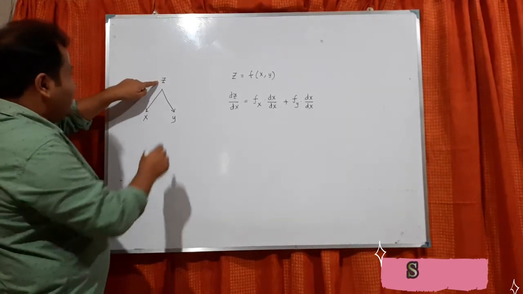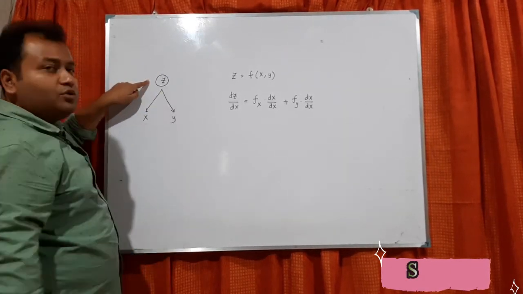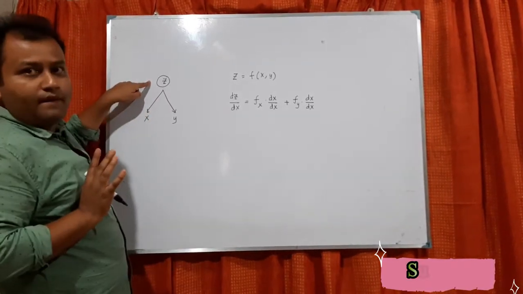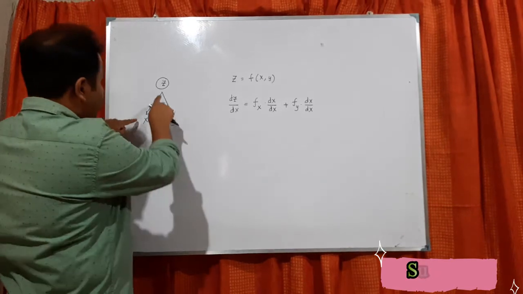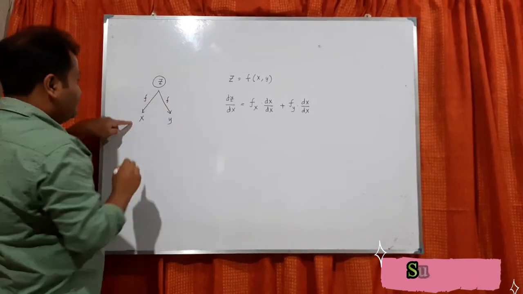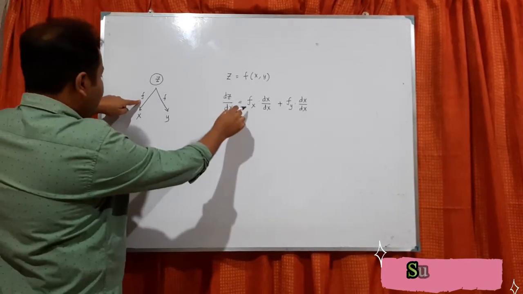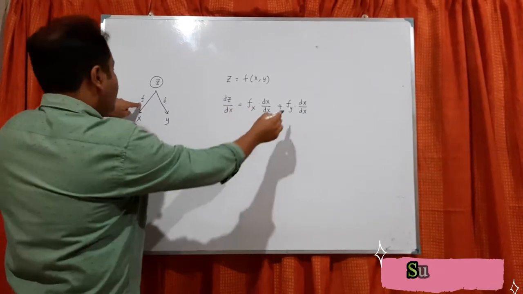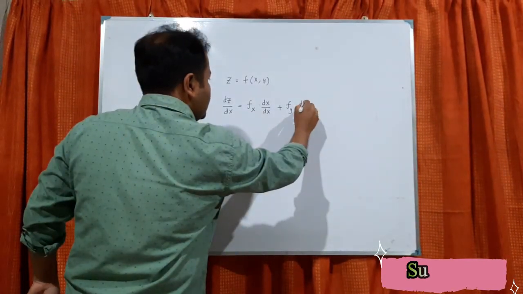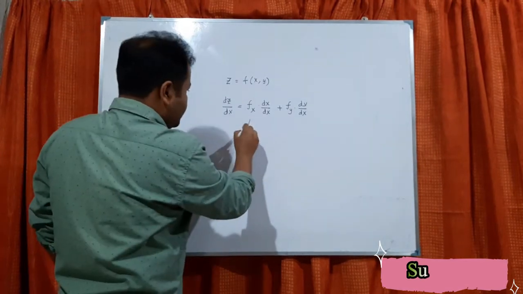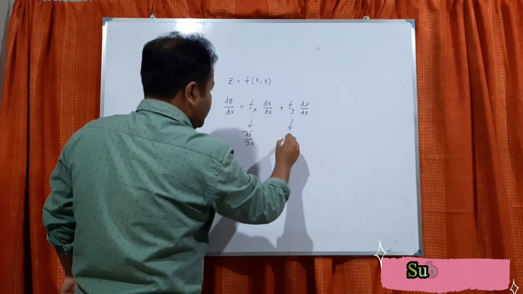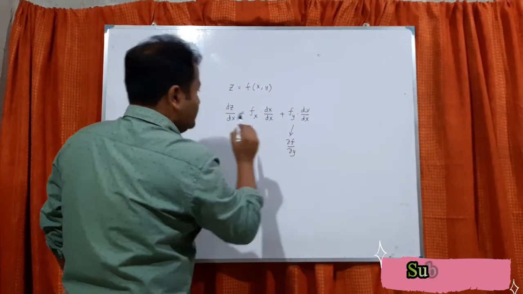If you want to take the derivative of z with respect to x, then you have to involve these two variables also. So dz/dx equals fx, that is del f del x, into dx by dx, plus fy, that is del f del y, into dy by dx.